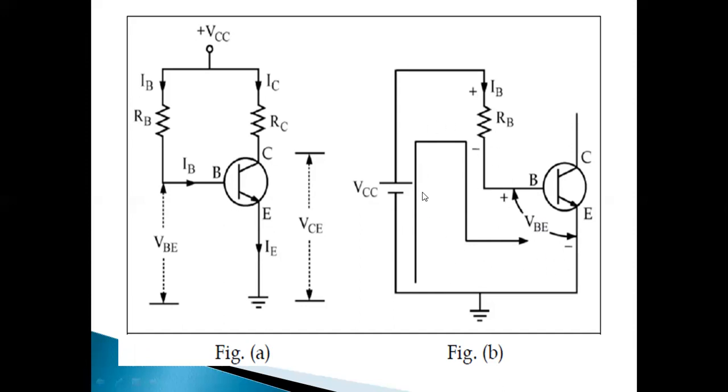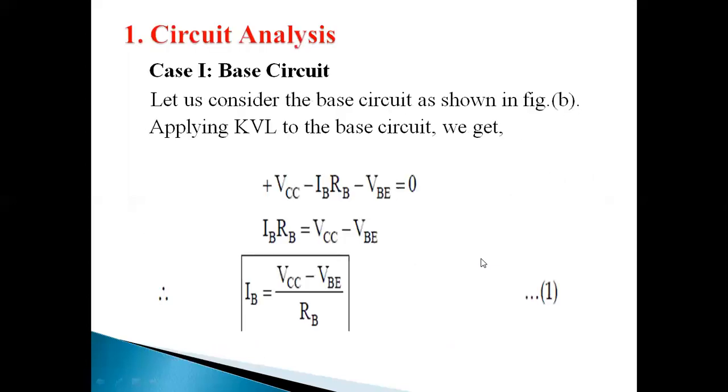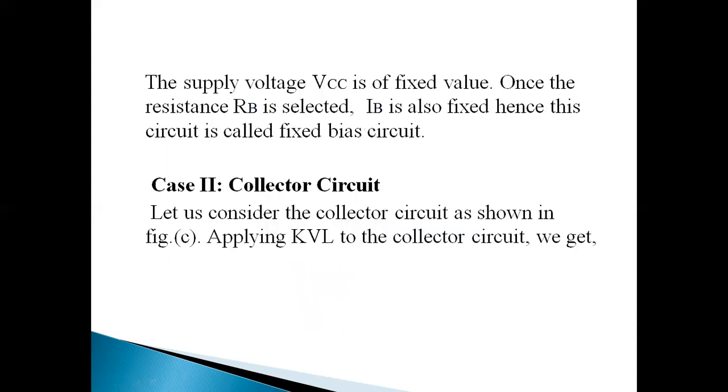This closes the loop. So IB into RB is equal to VCC minus VB. From this, the base current IB can be given as VCC minus VB by RB. Make this equation number 1.